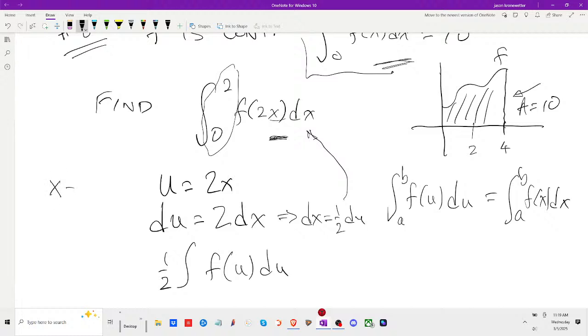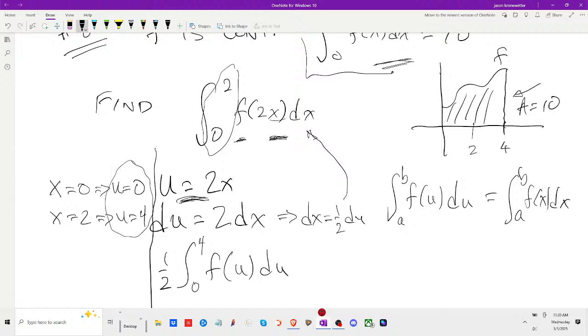When x is equal to 0 up here, then that means that u is equal to 0 also, because u is equal to 2x. Okay, so then when x is equal to 2, then u is equal to 4, because I'm plugging it into the u equals 2x here. So when I put my bounds in, now that I've converted it to u, I'm going to have 0 to 4 here, because u is going from 0 to 4.